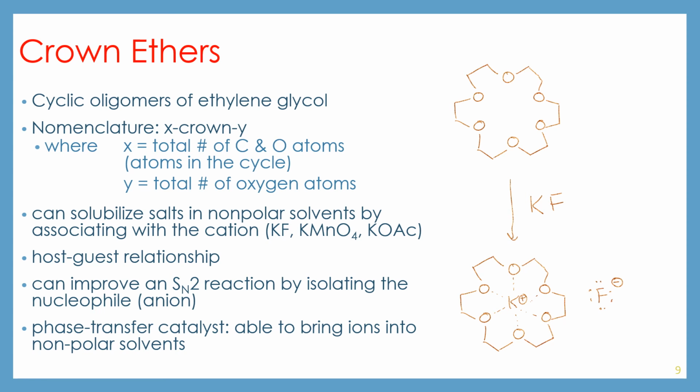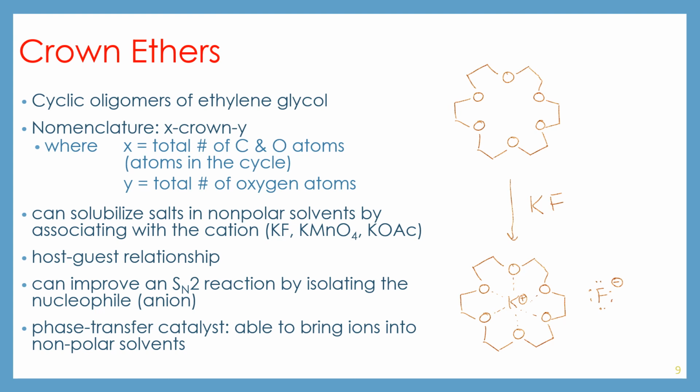The format is X crown Y, where X is the total number of carbon and oxygen atoms, or rather the total number of atoms that you actually draw within the cyclic structure, and then Y is the total number of oxygen atoms.